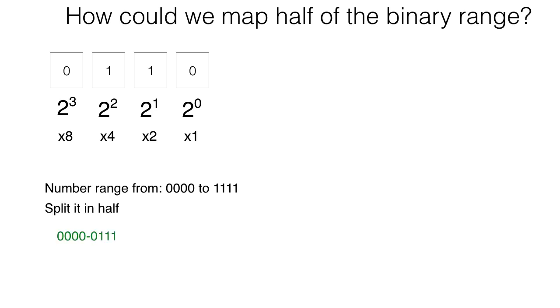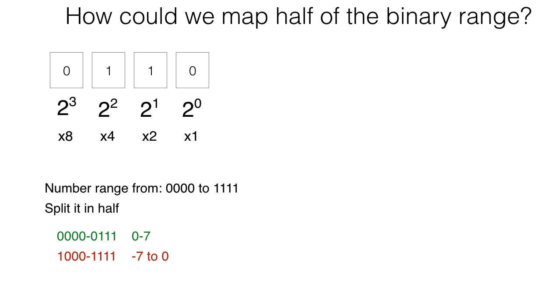So let's say 0, 0, 0, 0 up to 0, 1, 1, 1. Let's say that our half numbers is 0 to 7, right? All right, so we've got a range of 15 there. So we're going to say 0 to 7 are for the pluses, and negative 7 to 0 is for our negative side. Yeah, that makes sense, right?